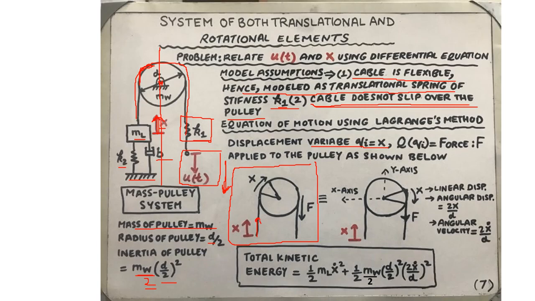Then this linear displacement maps to an angular displacement exhibited by the pulley, and this angular displacement when converted back into the linear displacement x, it forms the shape of an arc, whose arc length is still x. Same x displacement can be taken anywhere along the circumference of the pulley, as shown here.